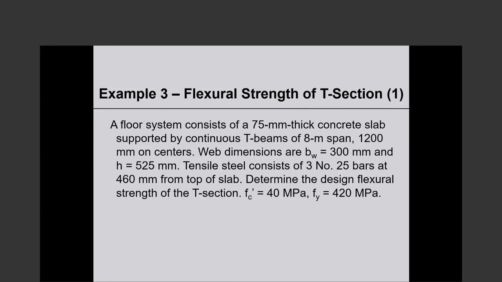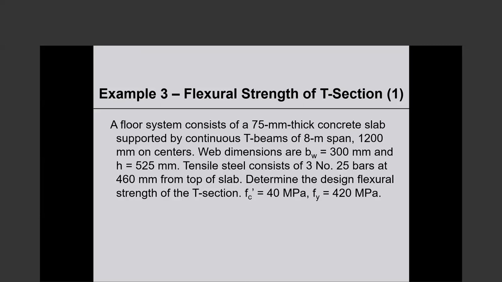The beams are 1200 millimeters on center. Okay, so center to center distance between neighboring T-beams is 1200 millimeters. Web dimensions are b sub w 300 millimeters, that's the width of the T-beam. Sub w is for web. Now there is a flange and a web. And h, the total depth, is 525 millimeters.